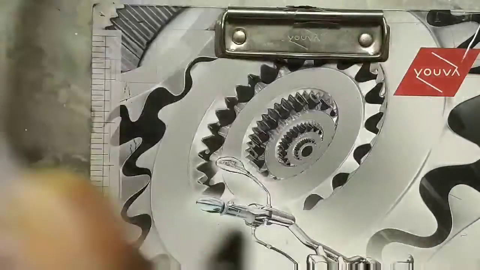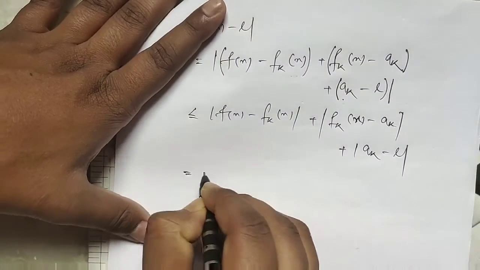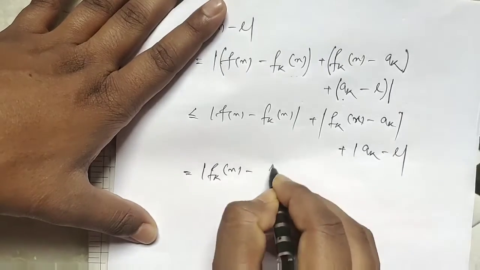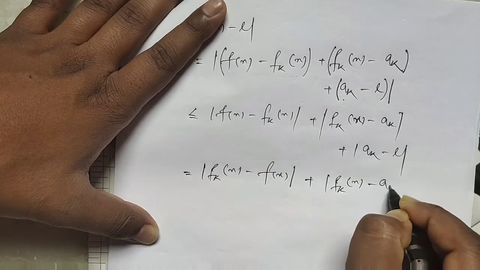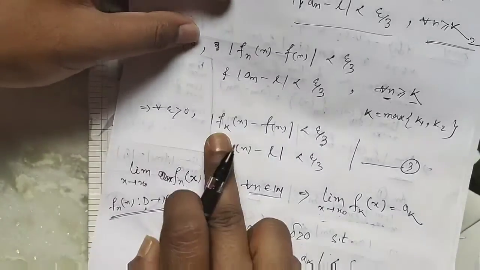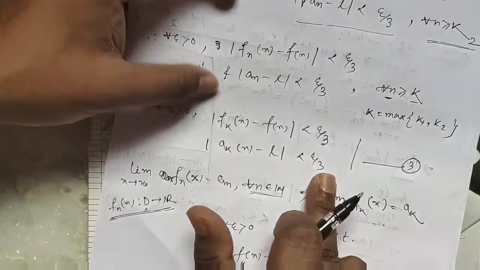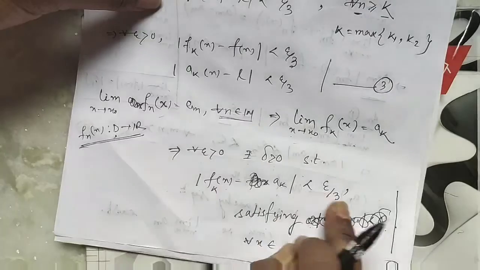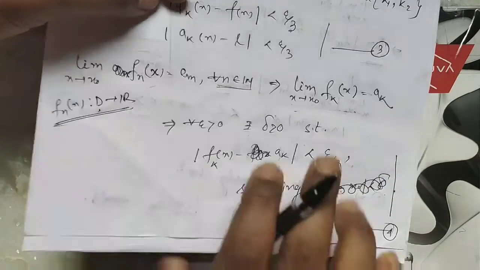So by 3 and 4, f_k(x) minus f(x) is less than epsilon by 3. This is also less than epsilon by 3, and this is also less than epsilon by 3, satisfying for all x belongs to this.